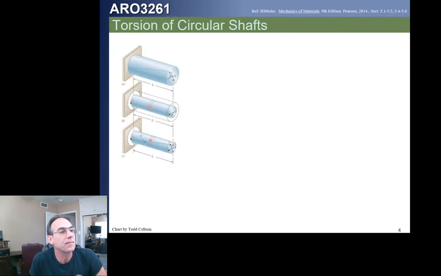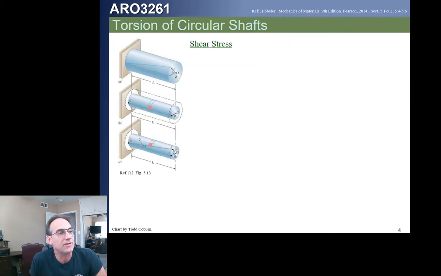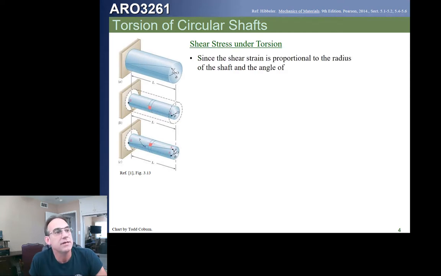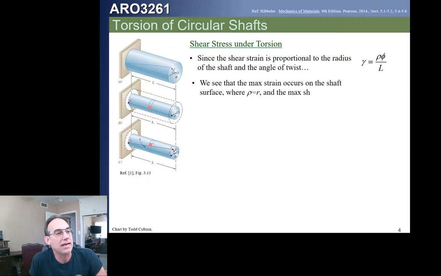Okay. Now, that same idea, looking at the same figure again, we can find our shear stress under torsion. Since our shear strain is proportional to that, we know that our strain is equal to this. We saw this on the last slide, right? The max strain is going to occur out there at the extreme fiber.